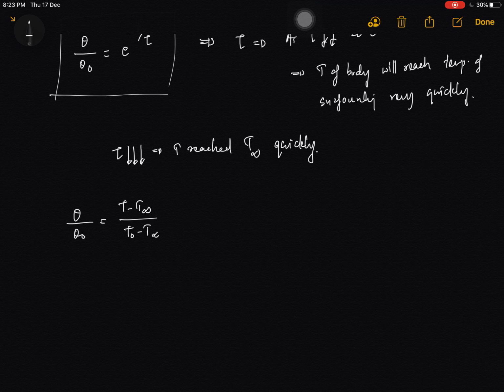theta by theta 0, which is nothing but T minus T infinity by T0 minus T infinity, is equal to e raised to minus hAs by rho cv into t.